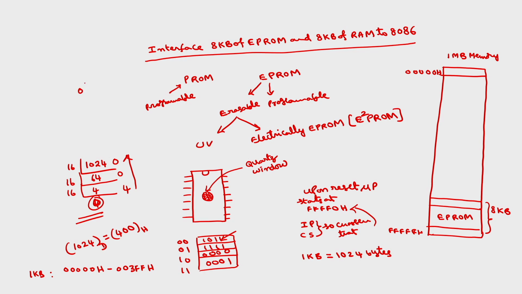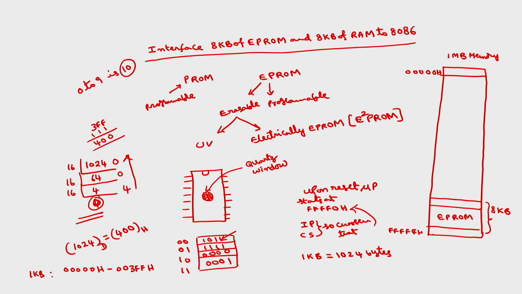Just as 0 to 9 is 10 numbers. So, starting with 0, if you want 400H, the ending address will be 1 less than this. 1 less than 400 is 3FF, because if I add 1 to 3FF, F plus 1 is 10, and it becomes 400. So, if I subtract 1 from 400, it will be 3FF.